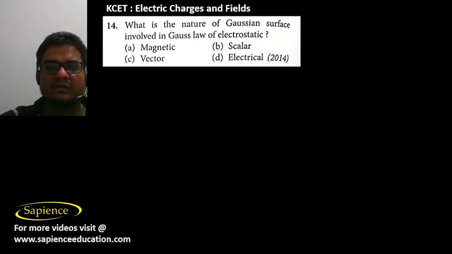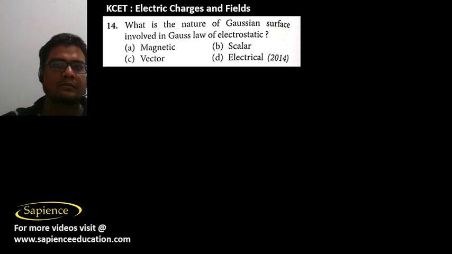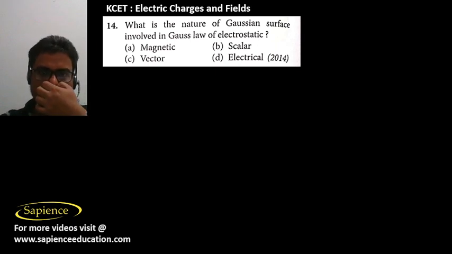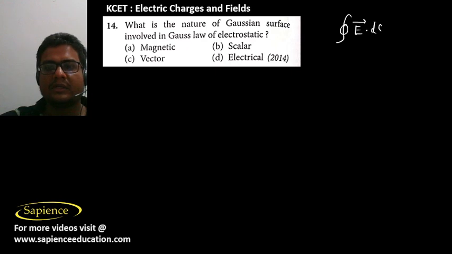The Gaussian surface is a vector. Why? According to the Gauss law of electrostatics, we have closed integral E dot ds equals charge enclosed by epsilon.